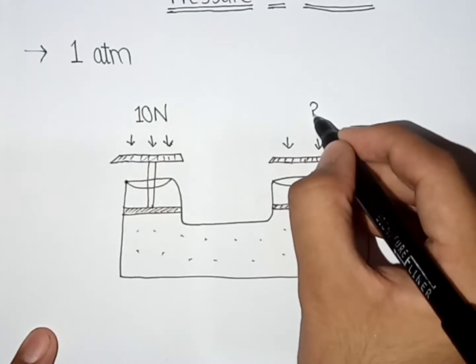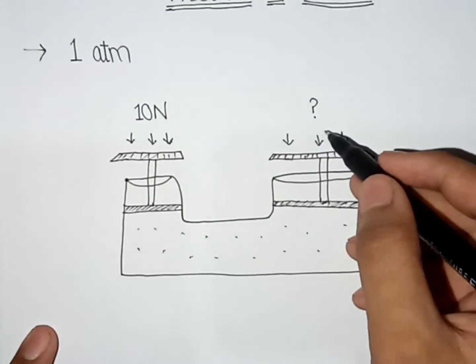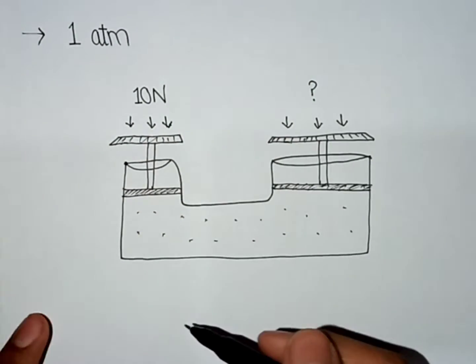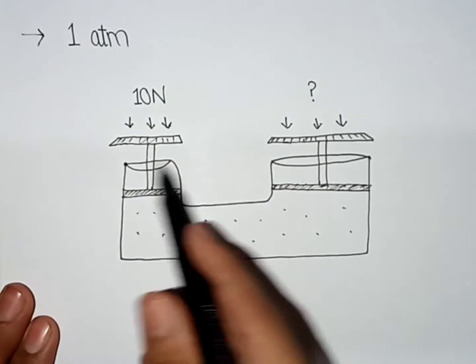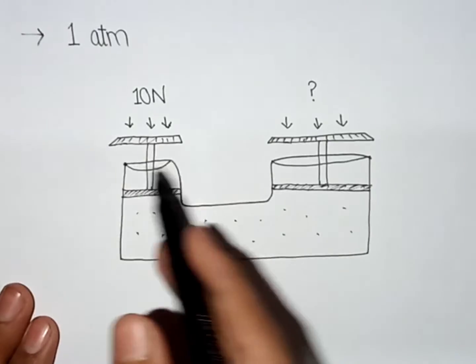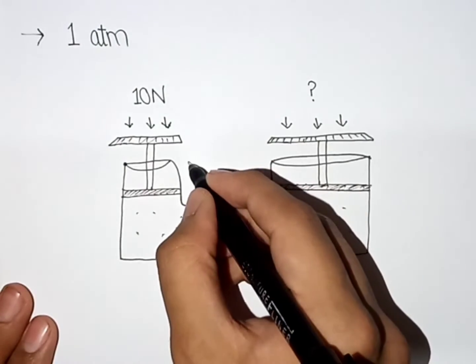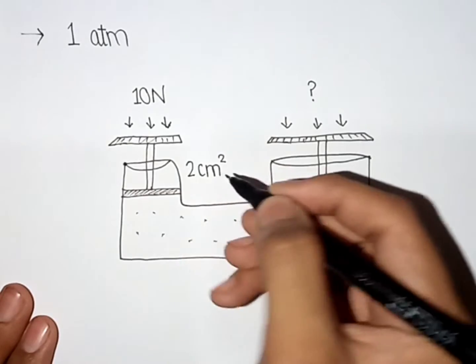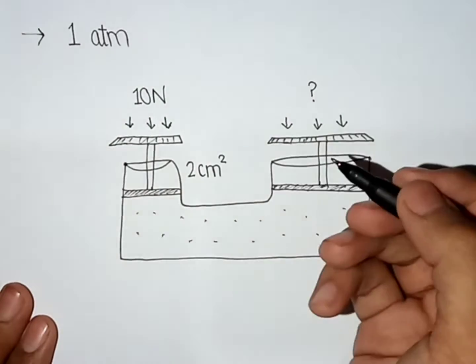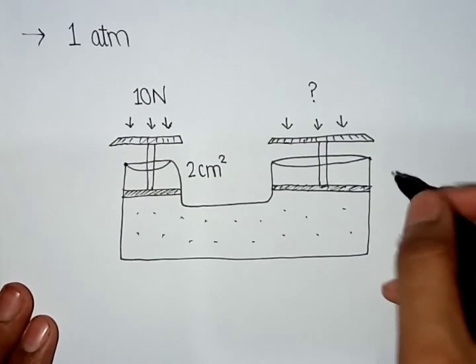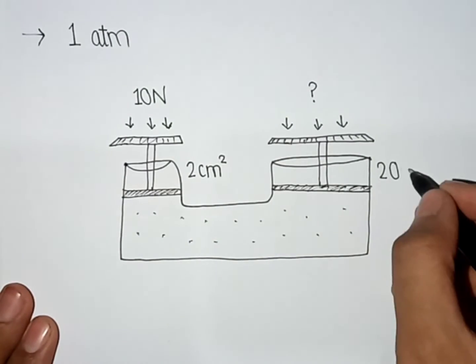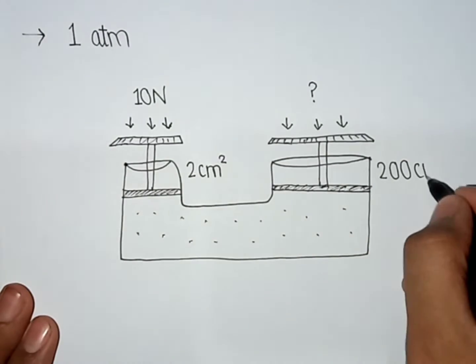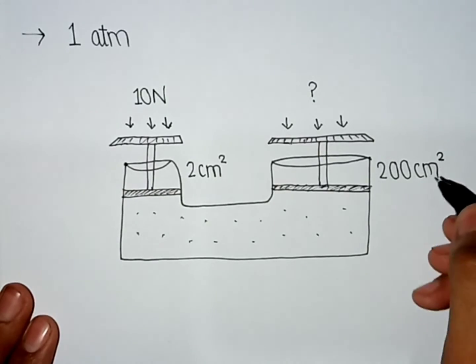Here we need to find it. Its area, the little one, is 2 centimeter square. Here it is 200 centimeter square.